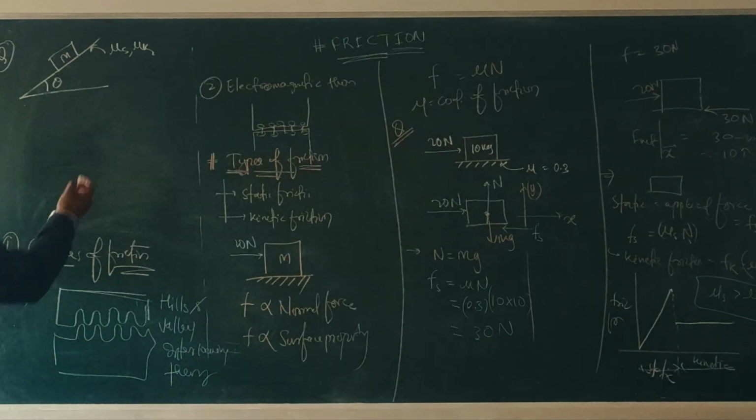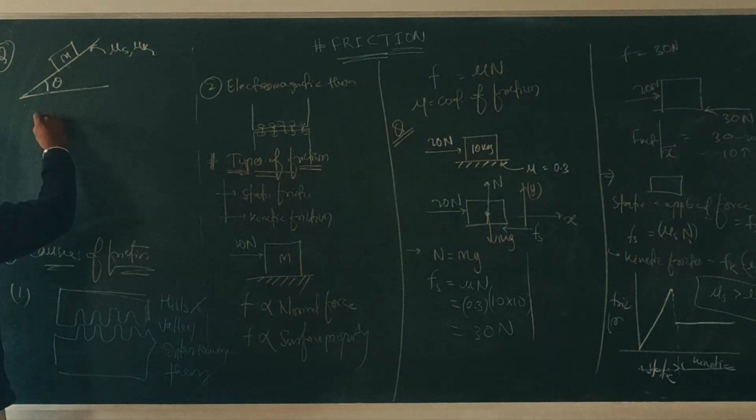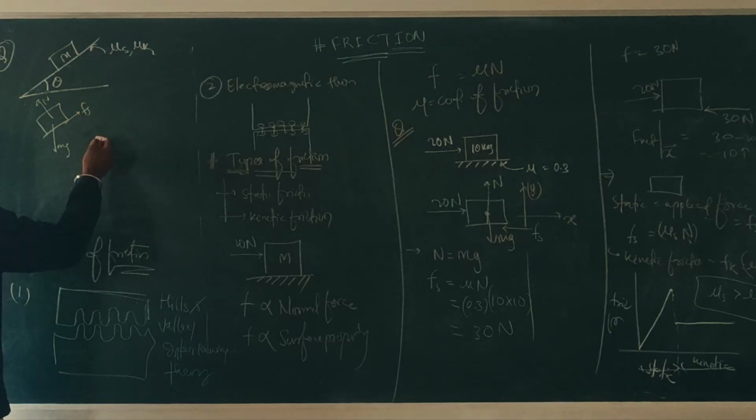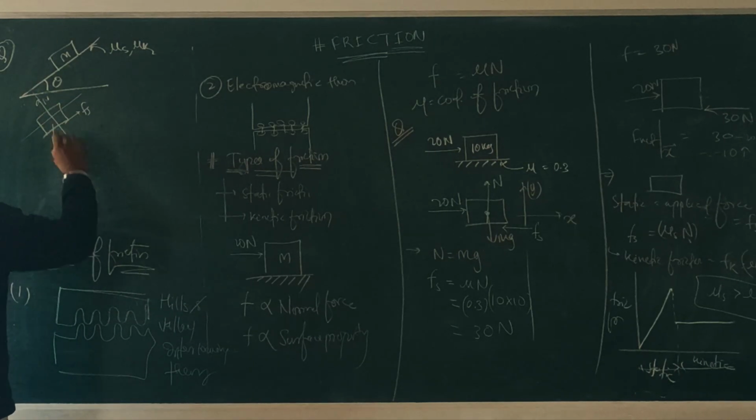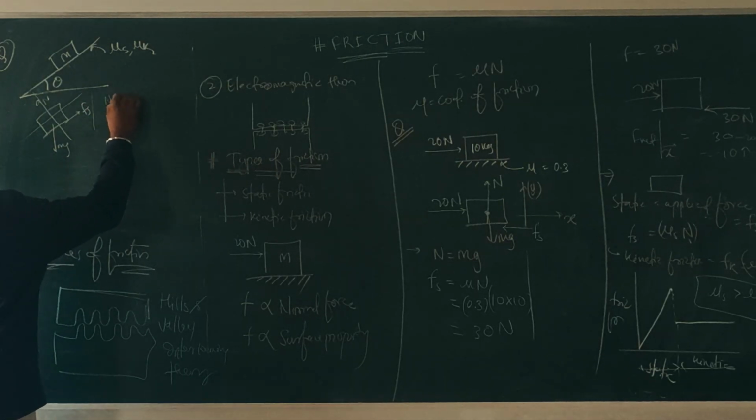First you need to know the gravity, mg, and this is the normal force, and this is the friction force. The second thing we do is draw the axis. From the picture we can see the normal will be equal to mg cos theta, and the downward force will be equal to mg sin theta.